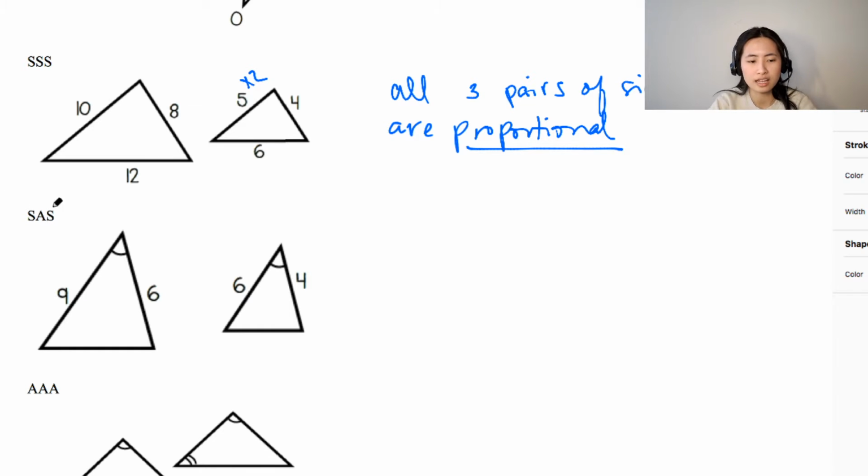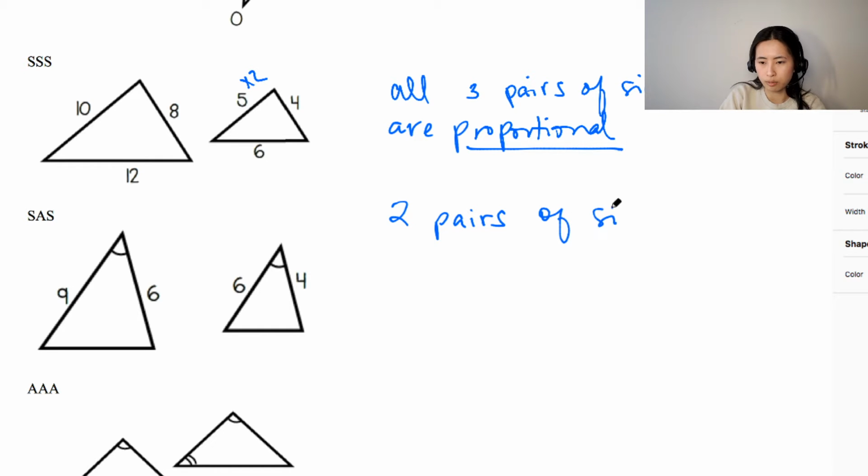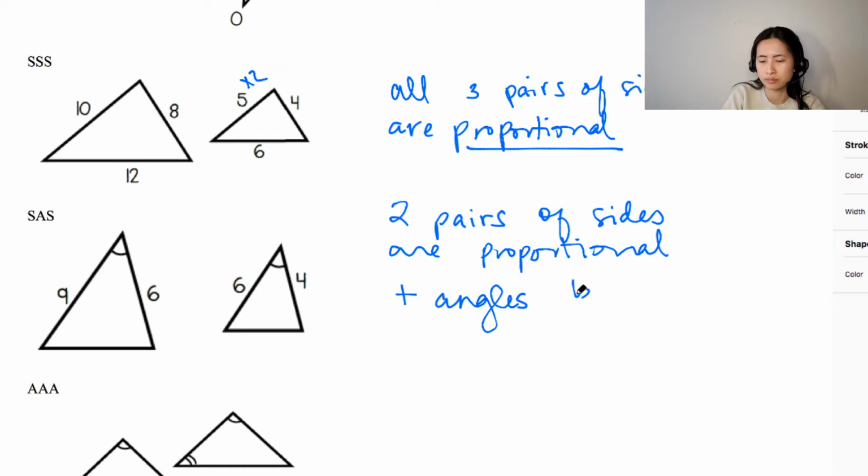So for side angle side, that means you have two pairs of sides that are proportional, and on top of that, the angles between them, B slash N meaning between, I like to abbreviate words, are congruent.